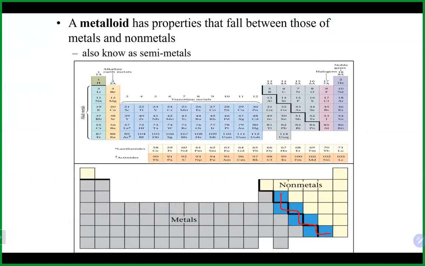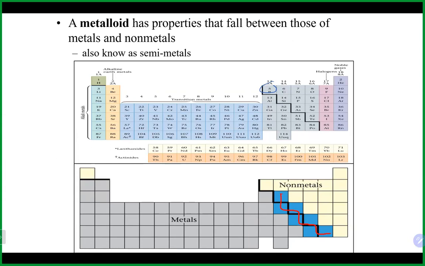Now, the metalloids, which are sometimes called semi-metals, are that staircase that runs down there. Some books will include boron, some books will not. But metalloids have characteristics that fall on both sides of where they're located, which means the same element can have some properties very similar to metals, and some properties very similar to non-metals, like semiconductors.